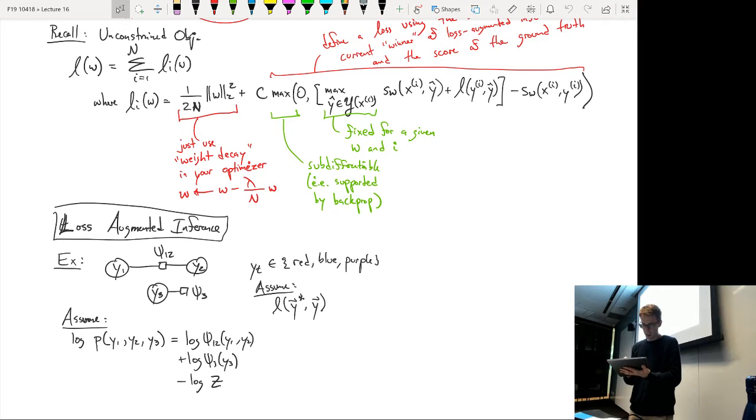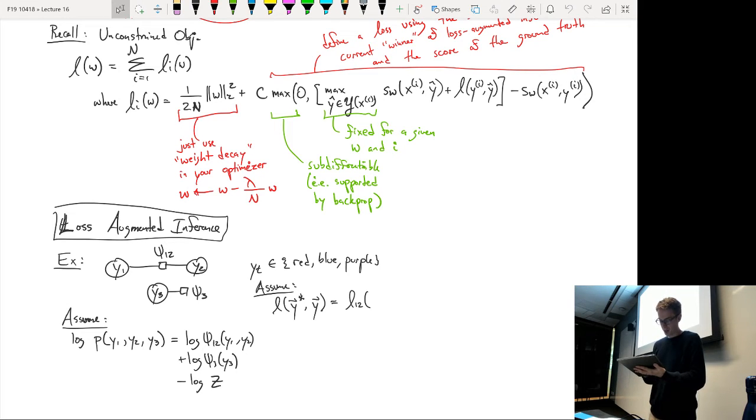And we're going to assume that it consists of two terms, L12, and that's going to look at y1 star and y2 star, as well as y1 hat and y2 hat. And a second term, L3, which looks at y3 star and y3 hat.